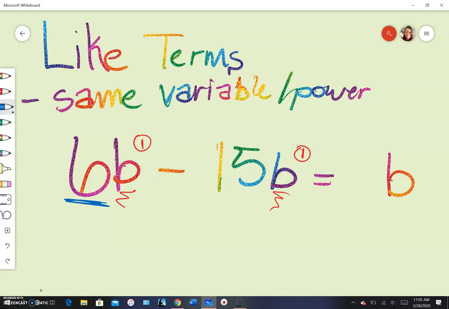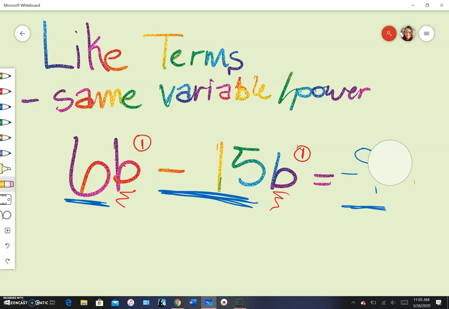So 6 minus 15. If you are still struggling with those integer rules, it is time to practice. 6 minus 15 will give us a negative 9. So 6 bananas minus 15 bananas equals negative 9 bananas.